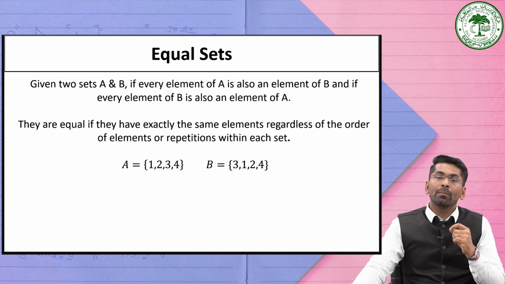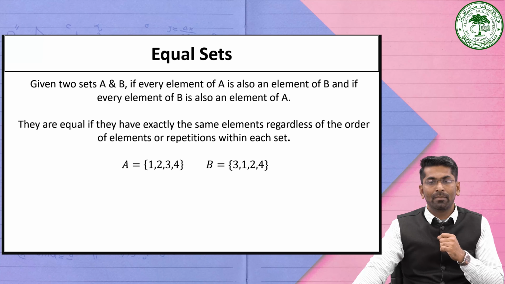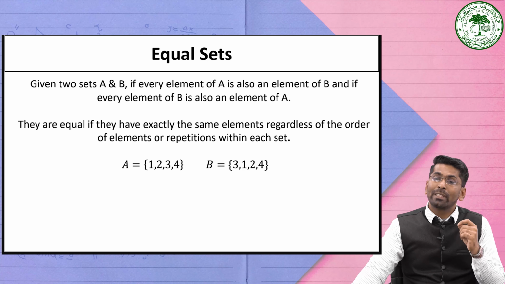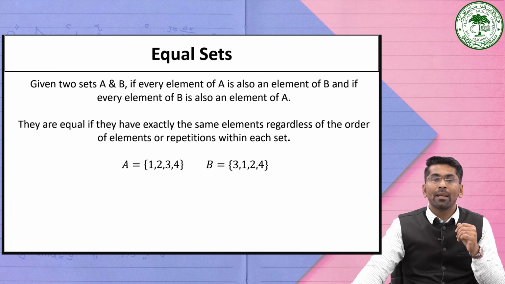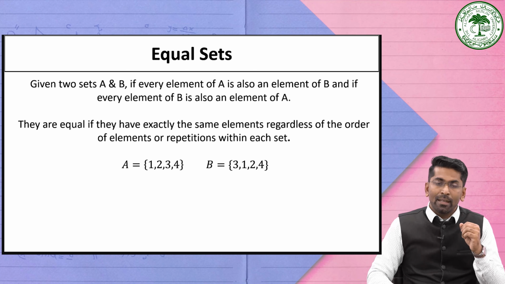Both sets have the same elements. Though the two sets differ in order, they are equal sets because in {1, 2, 3, 4} and {3, 1, 2, 4} the order is changing, but we have the same elements. Therefore we can say that this is an equal set.